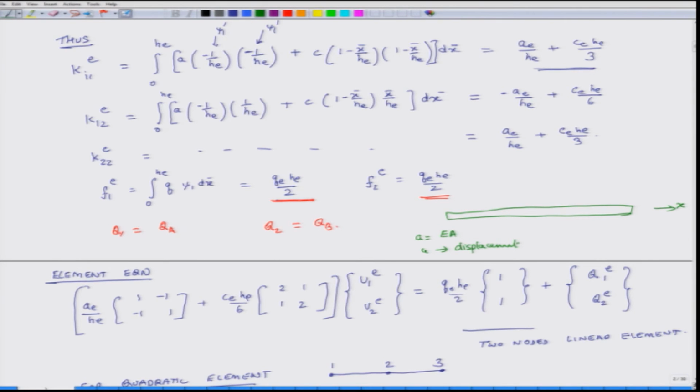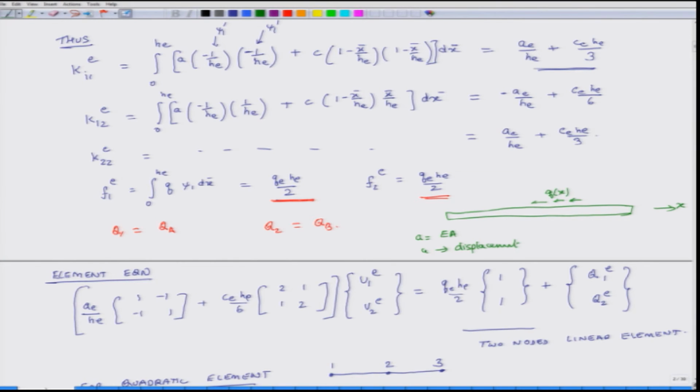So U corresponds to displacement, and Q is some distributed external load Qx. So it is some distributed load per unit length. It is distributed over the length of the bar. At some places it could be 0, at some places it could be non-zero, and it could vary as a function of x. So Q is the distributed load in the axial direction, and its unit is newtons per meter.